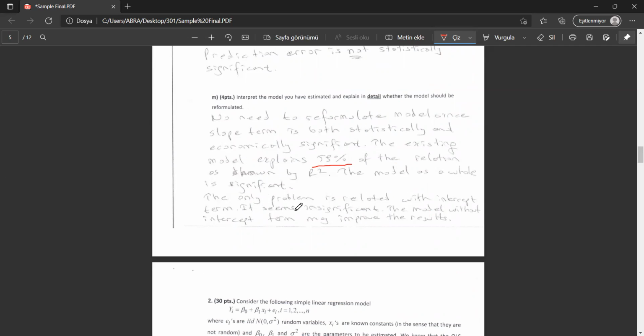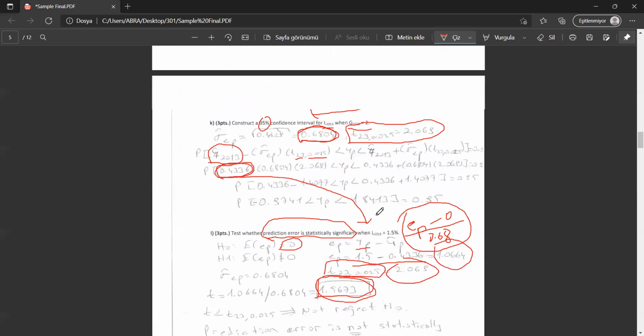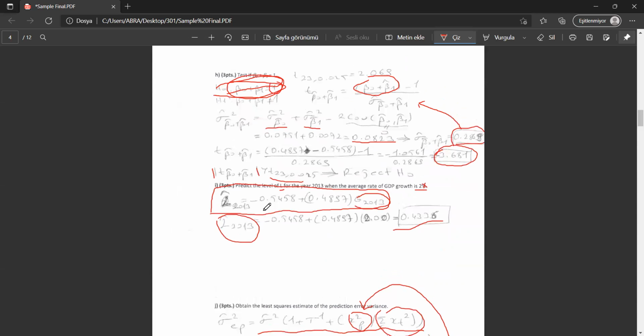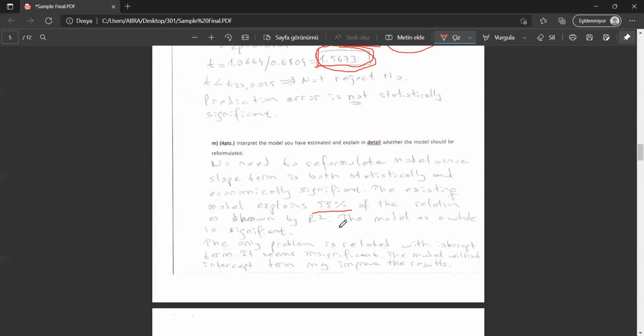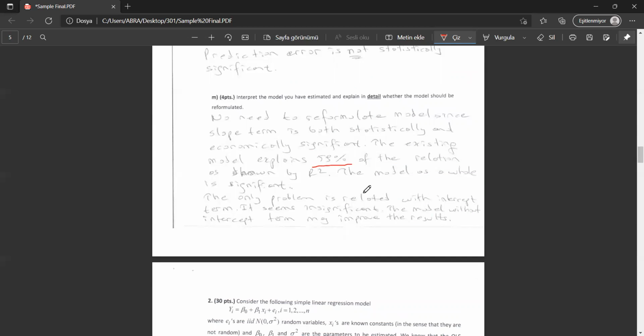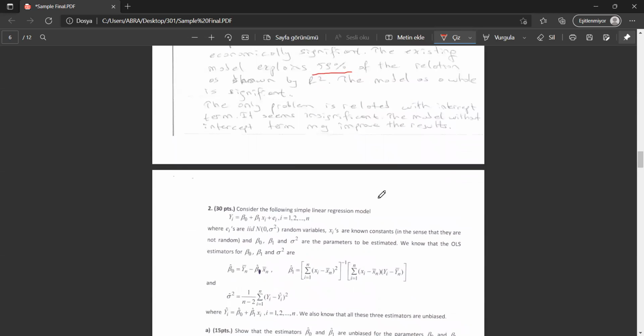Now, here it is said that the intercept term, the beta 0, is statistically insignificant. We haven't tested in the previous part, but you can test it, and it will come as insignificant because its value is too small, and its variance, it was considerably large. So that will come up as insignificant. So you can say these things in the interpretation of the model. That's all.